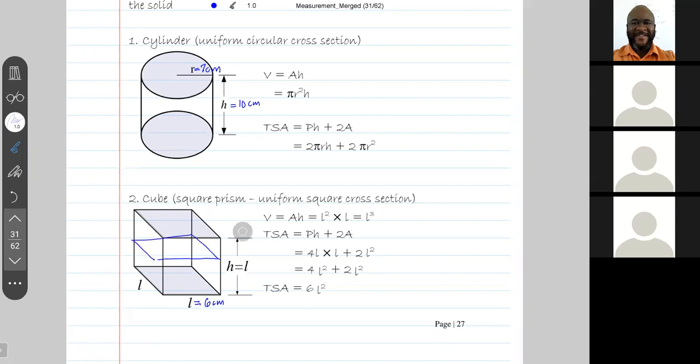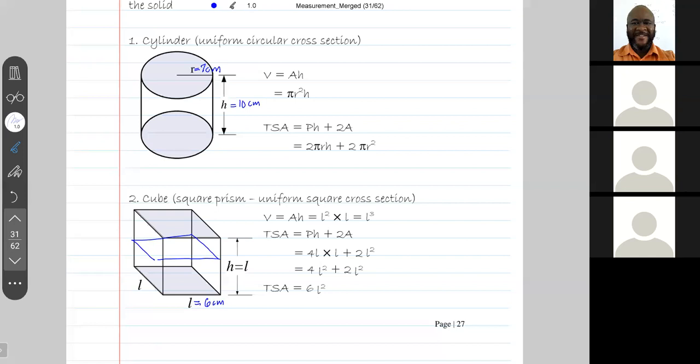What shape would be exposed? Rectangle? It would be a square. If the top is a square and the bottom is a square, anywhere you cut it in the middle, you'll always get a square. So the cube is a solid shape with a uniform square cross-section.